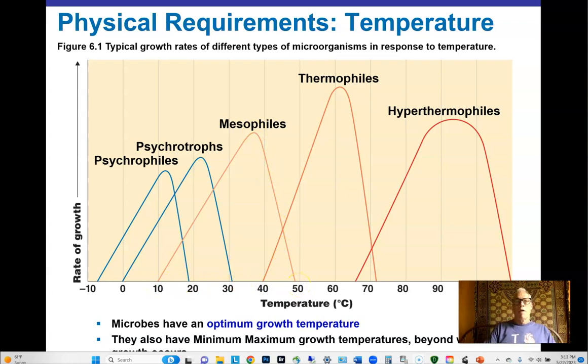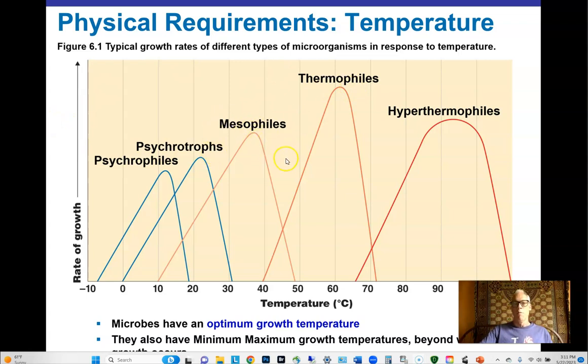Mesophiles are the most common types of bacteria that cause disease in humans, and their optimal growth temperature is, not surprisingly, the temperature, I shouldn't say just disease causing, but bacteria that thrive on or in the human body. They have an optimal growth temperature of human body temperature, 37 degrees Celsius. That's what they're adapted to grow at. That's where they've been growing for generations untold.